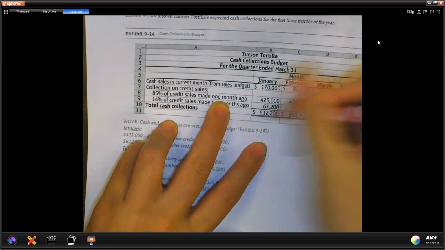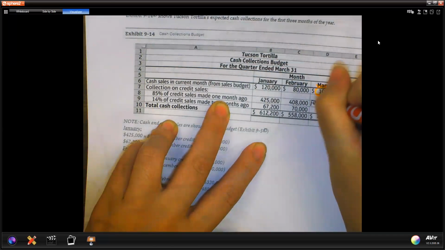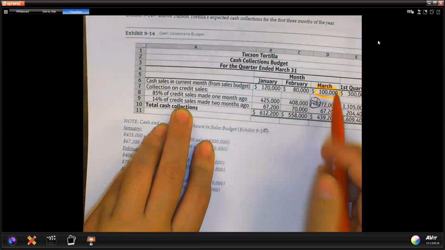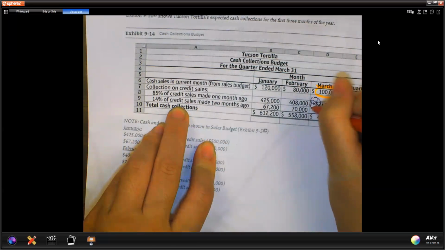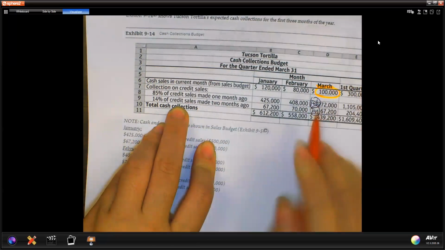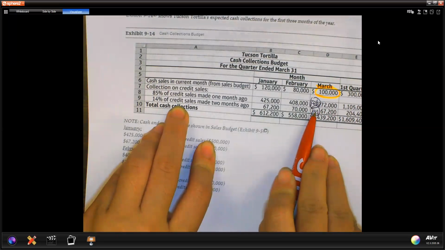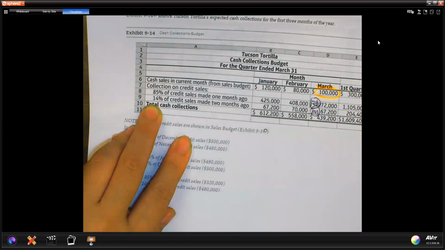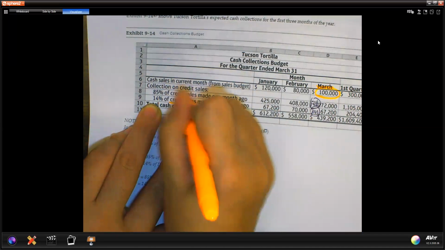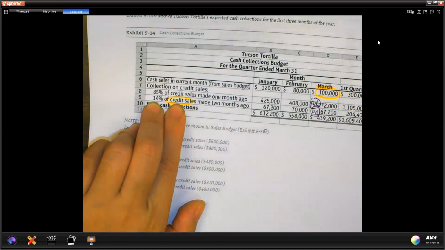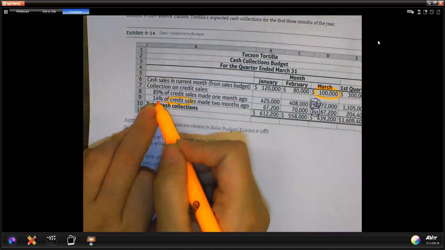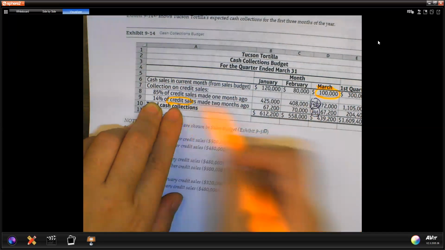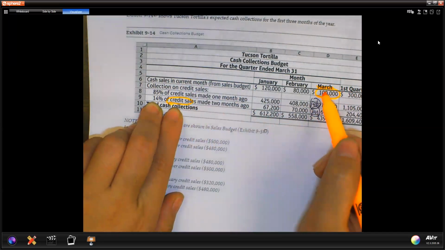Two months ago from March is January. So for your January credit sales, 14% of credit sales. Your focus is only on credit sales.